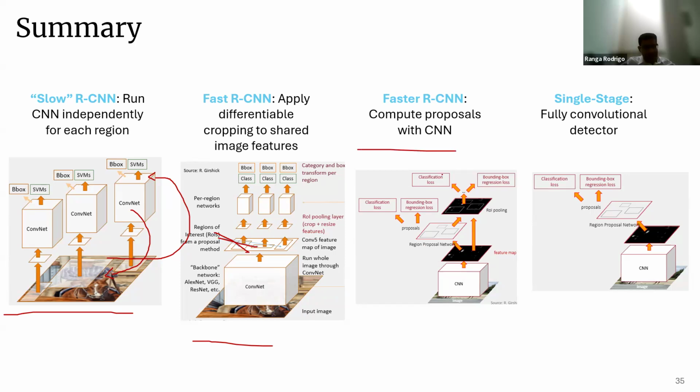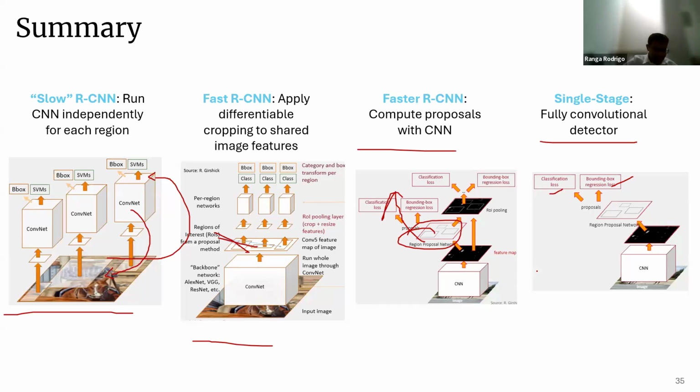In Faster R-CNN, those region proposals are also computed from the feature map of the convolutional neural network. And single-stage detectors are fully convolutional detectors. They do not need region proposals. They directly predict the classification and the bounding boxes by slightly adjusting these anchor boxes.